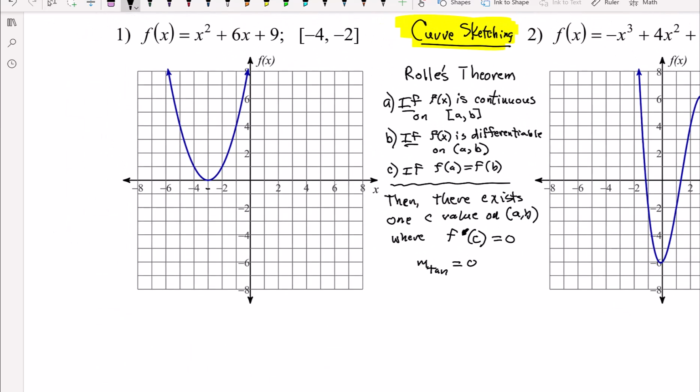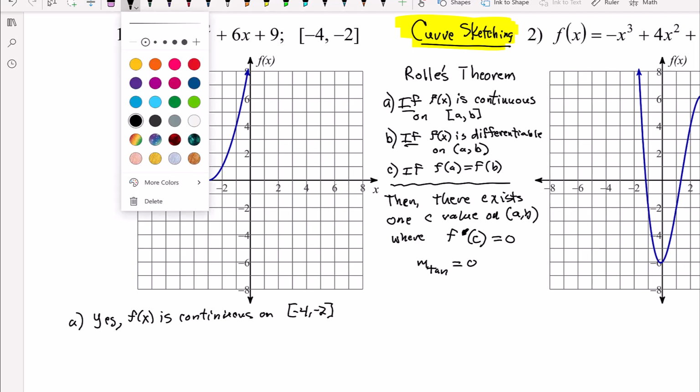So this is the work that you would show. You would say: yes, f(x) is continuous on the closed interval. Between here and here, there are no asymptotes. It's completely continuous.